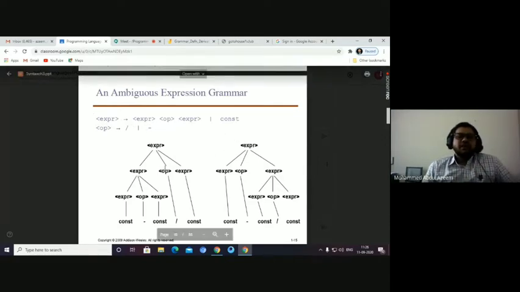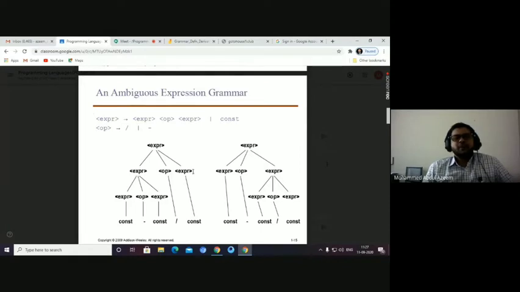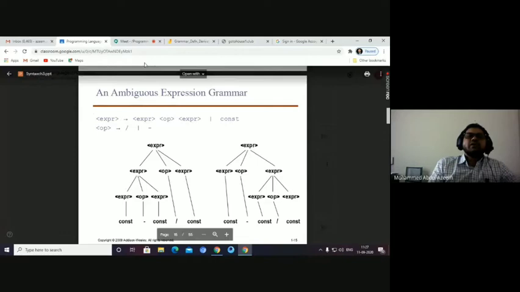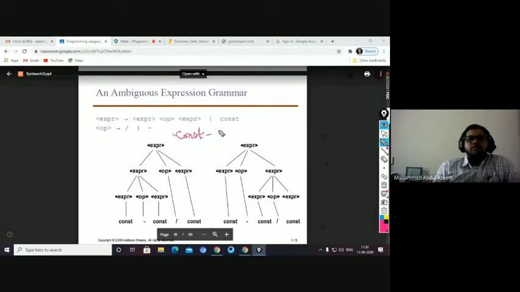If I take one statement, constant minus constant by constant, then I will be able to derive two parse trees. Let us take this statement to be derived using this grammar.